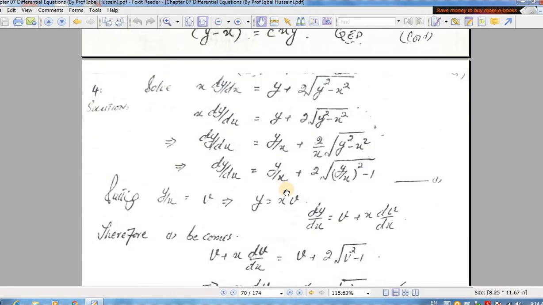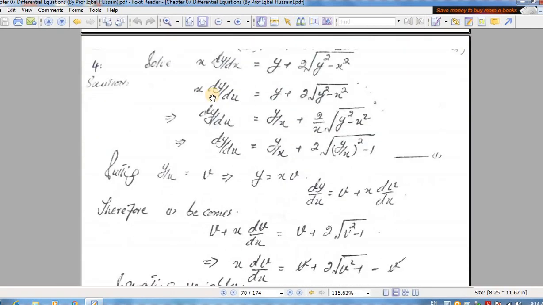Another question, this is the given question. Shifting this x to the other side, we will get dy by dx equal to y divided by x, this x is on account of dividing both sides by x. Here we will take x common, 2 divided by x.